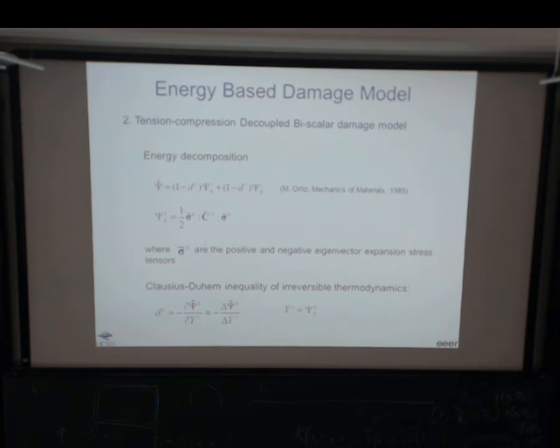Okay, so you look at the eigenvectors, eigenvalues, and then you separate the space into tension and compression, and then you construct them separately. Again, if you choose to use this kind of free energy, then each one of them will have a damage function, one for tension, one for compression. Again, this one is by computation, and then you can take the finite difference and extract the damage evolution functions out for tension or for compression.